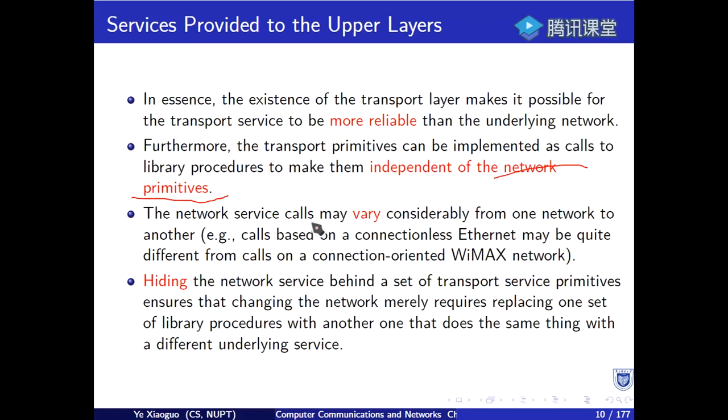Network service calls may vary considerably from one network to another. Hiding the network service behind a set of transport service primitives ensures that changing the network merely requires replacing one set of library procedures with another one that does the same thing with a different underlying service.